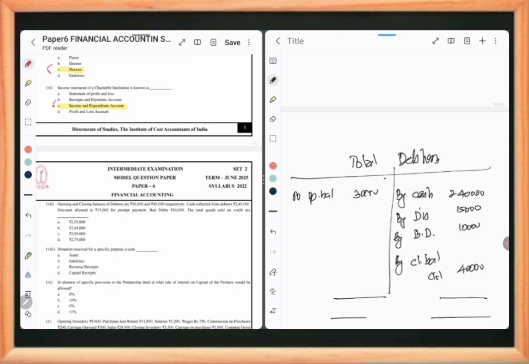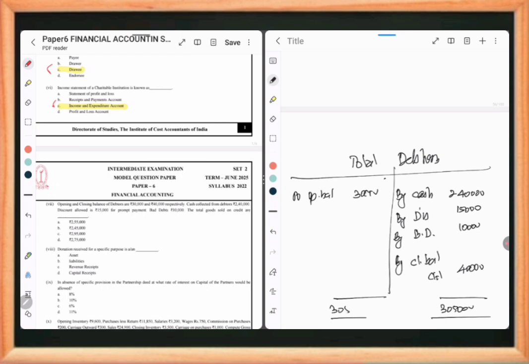Now we have entered all the transactions. If we balance, we will find out the credit sales. 2,40,000 plus 15,000 plus 10,000 plus 40,000 is 3,05,000 rupees on this side.